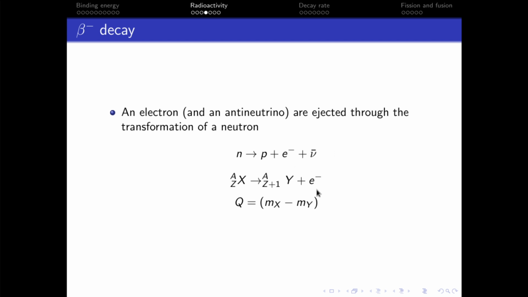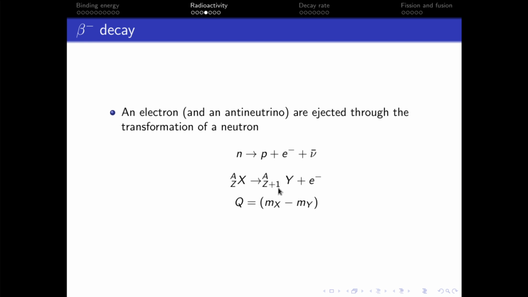Before I move on, for now I'll forget about the next part of the formula and go back to it in a few moments. We focus just on the first part: a neutron that transforms into a proton and an electron. If we start with an atom of element X with Z protons and A nucleons, after the reaction we have the electron that was ejected and one more proton than before.